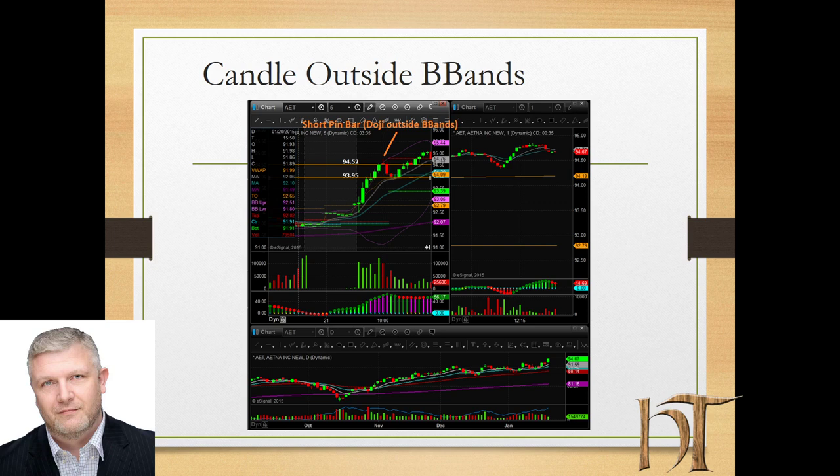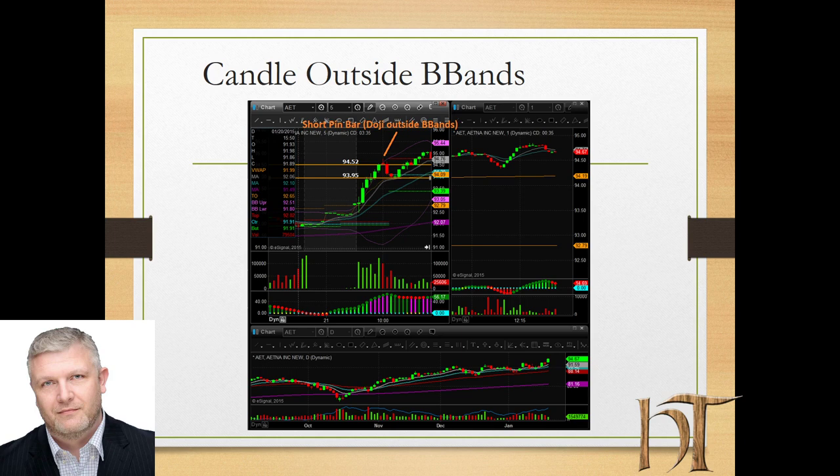Okay, so a candle outside the Bollinger Bands, and specifically the type of candle that we're going to want to see, ideally, is dojis. Okay, so a doji candle is a candle that opens and closes at pretty much the same price. So there's a green doji here and a red doji here. Okay, so it's where the open and close is pretty much at the same price, or very close to it, within a couple of cents at least.